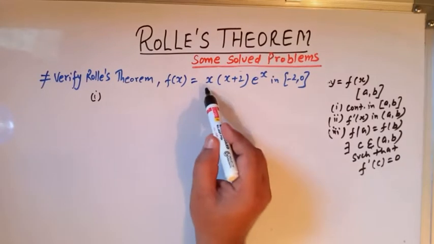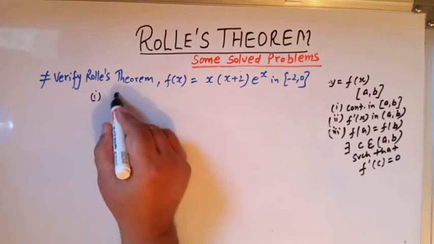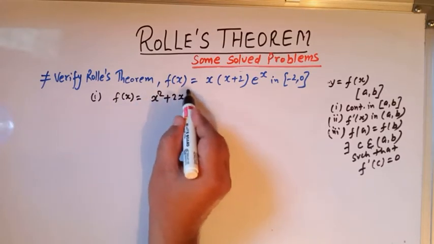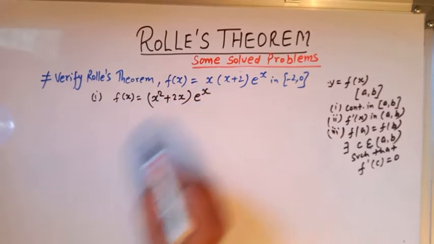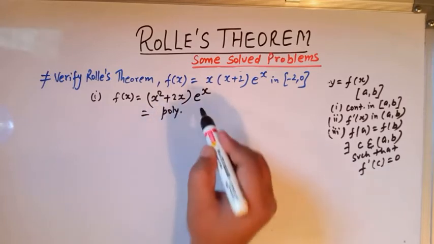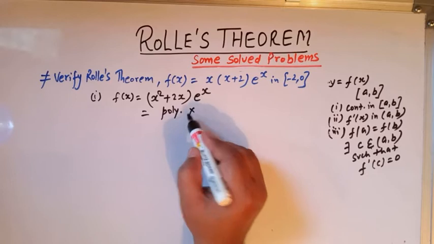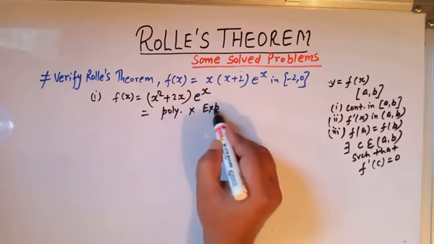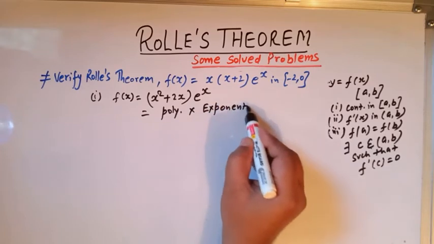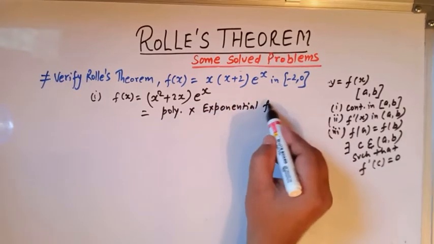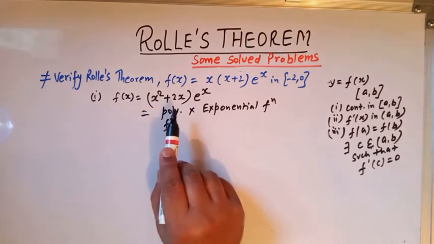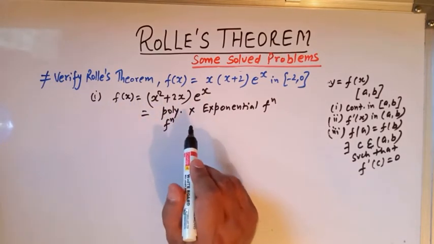So here f(x) can be written as (x² + 2x) times e^x. Now we know that x² + 2x is a polynomial function, and this is multiplied by an exponential function. Clear? So here f(x) is a product of polynomial function and exponential function.